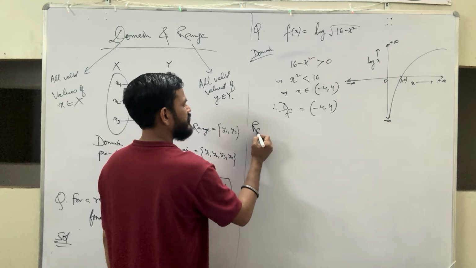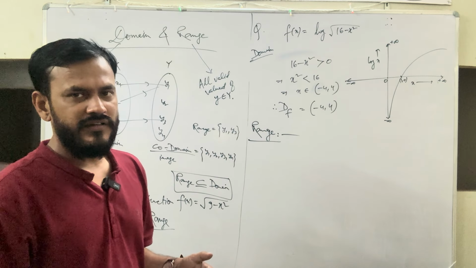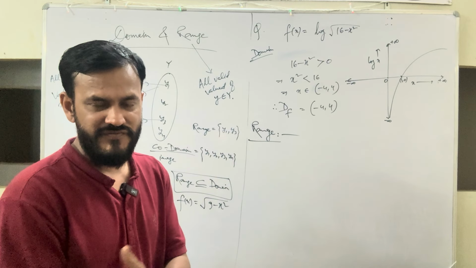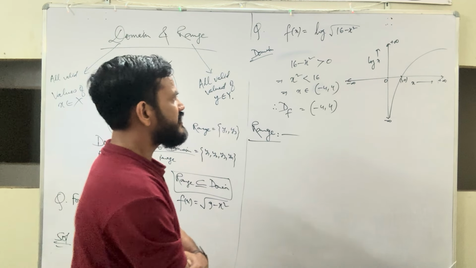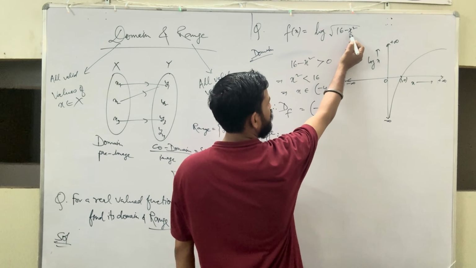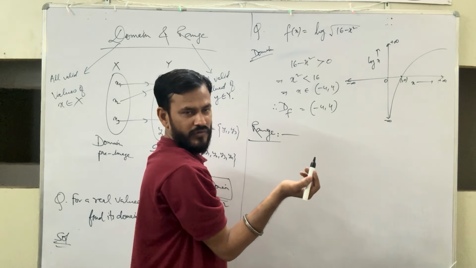Now we come to the range. Similarly, we need to find the range of this function. That means what is the minimum and maximum value the function can attain. Let us find the maximum value when x becomes 0. The maximum value will be square root of 16, which is 4, so log 4.